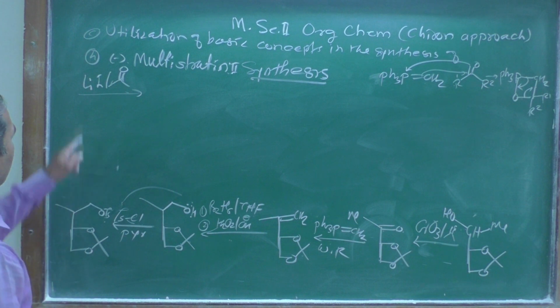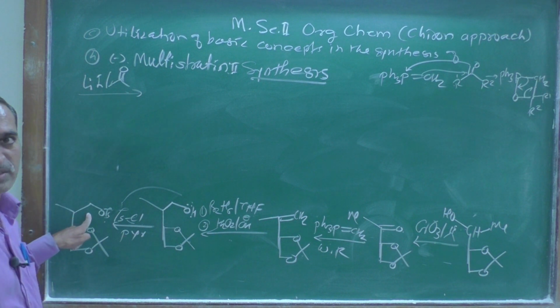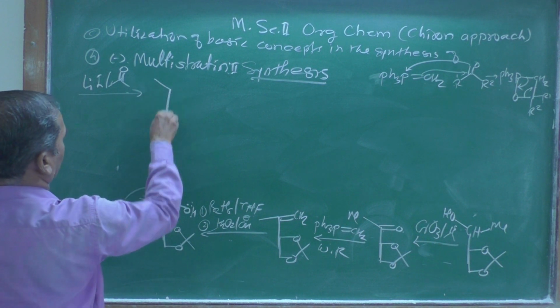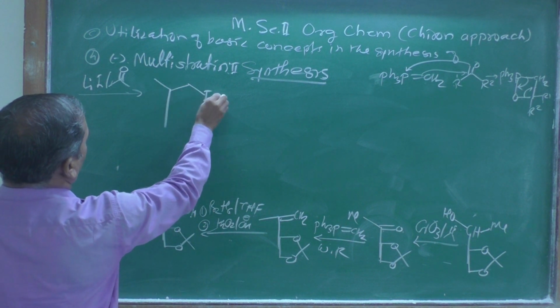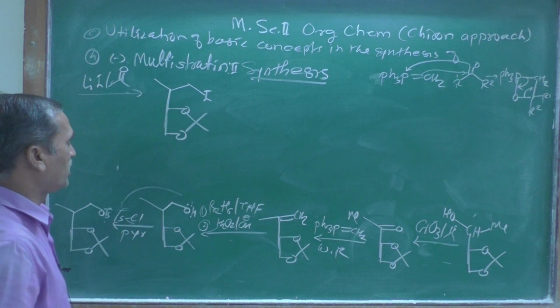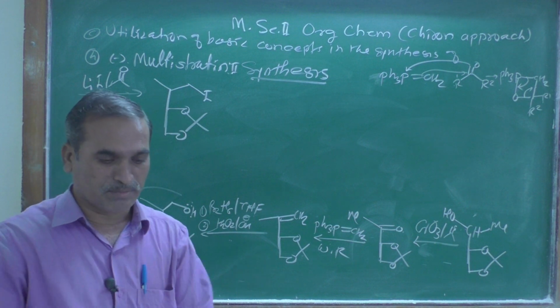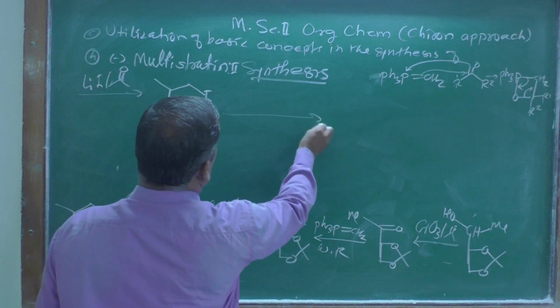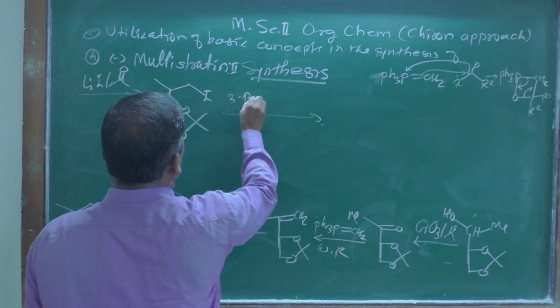What will happen? Iodide gets replaced by the OTs, and you are going to get the product here, this one with iodine, and then this one, right? This is the compound we are going to get, and this compound is further treated with 3-pentanone.